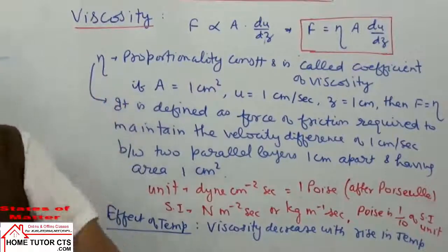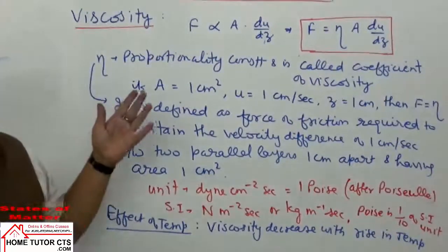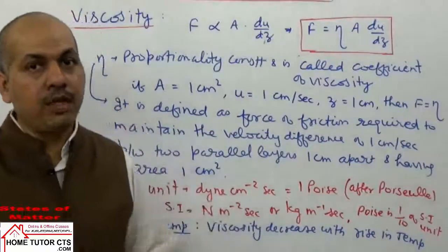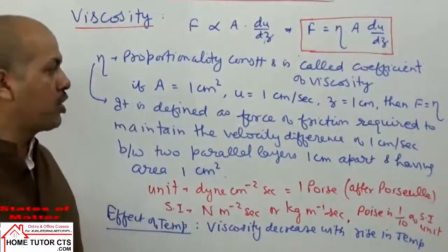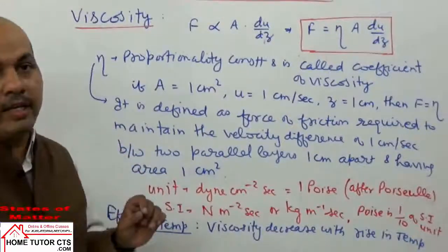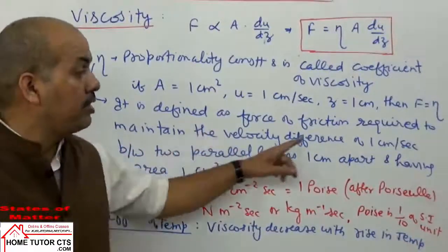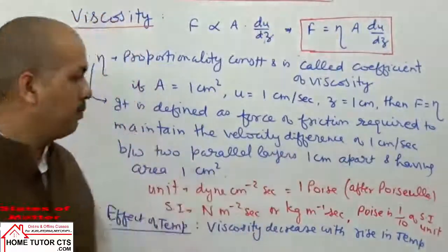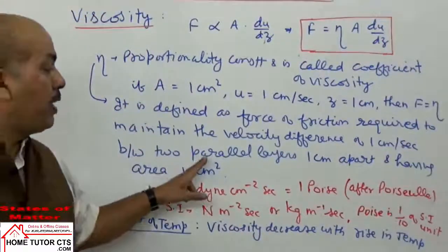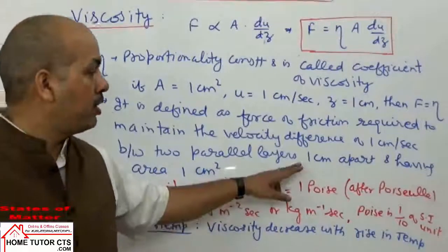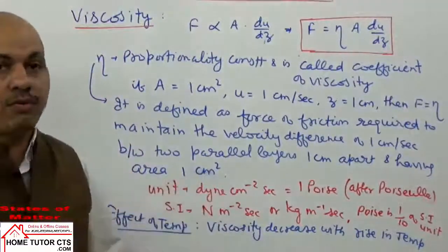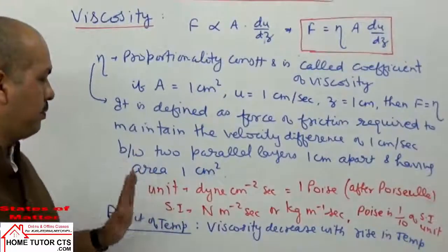You can note the definition down. It is defined as the force of friction required to maintain the velocity difference of 1 centimeter per second between two parallel layers 1 centimeter apart and having an area of 1 centimeter square.